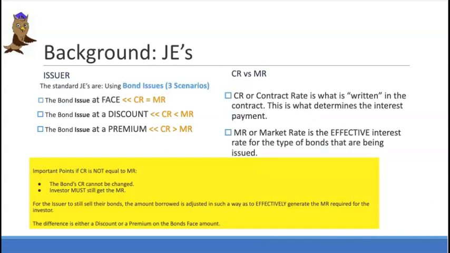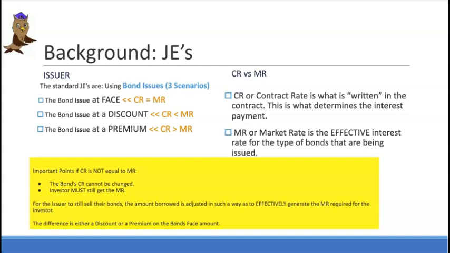The three scenarios are a function of the difference between the CR or contract rate and the MR or market rate, also referred to as either the effective rate or discount rate. If the CR equals the MR, then the bonds are issued at face, which means no discount nor premium.